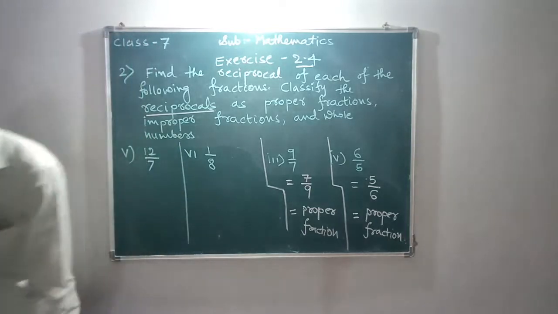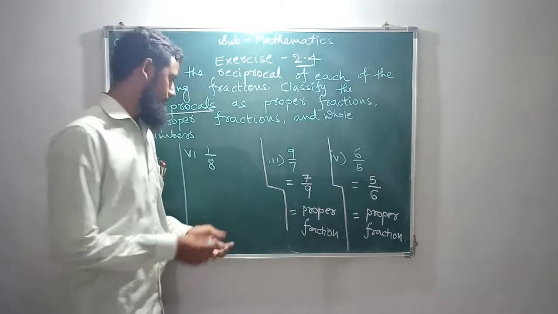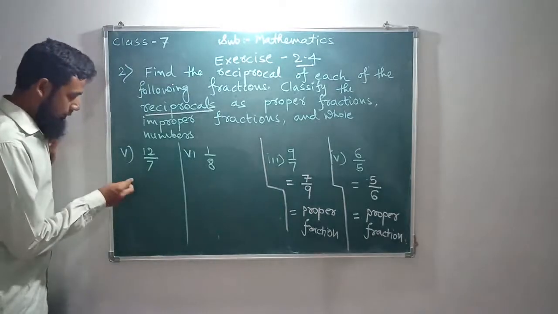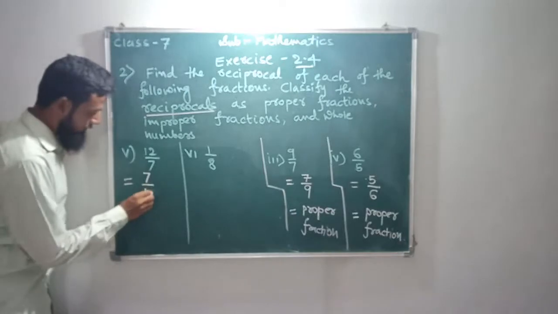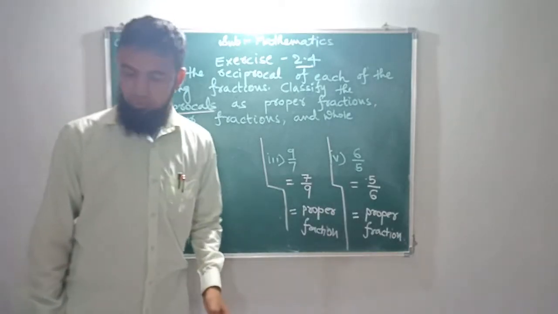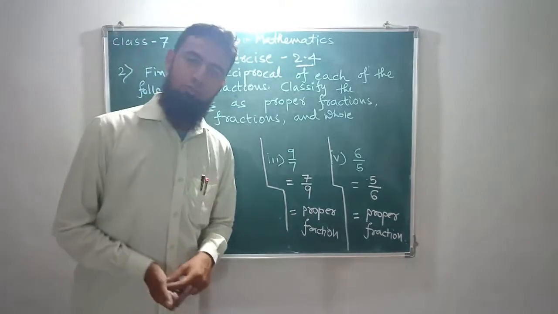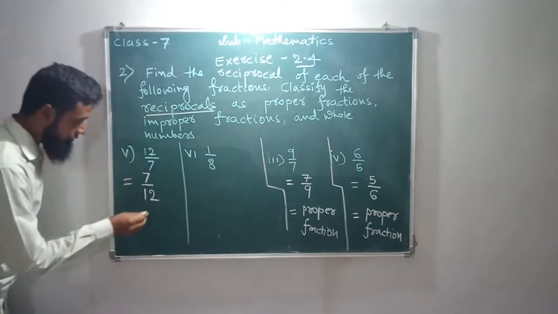Okay, so here 12 upon 7. We change places, numerator to denominator and denominator to numerator. So 7 upon 12.